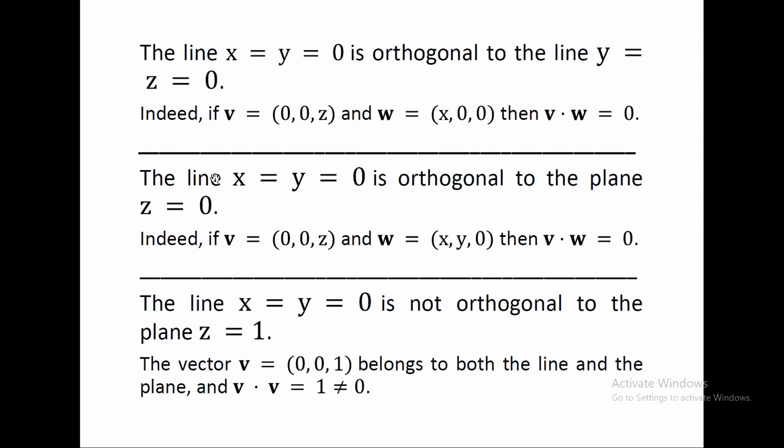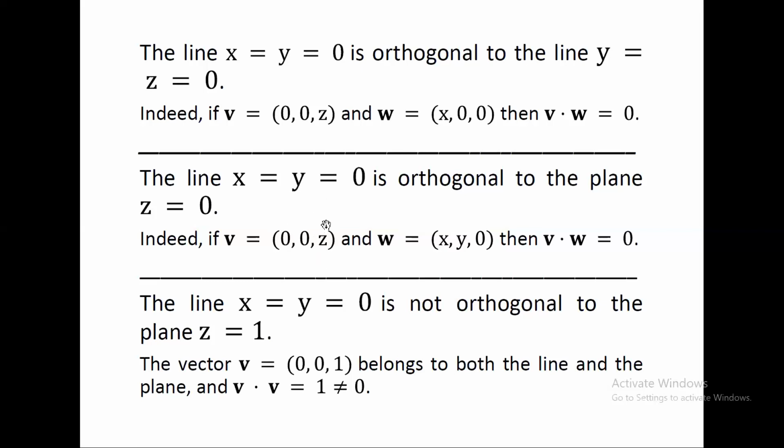Then we can consider another one wherein the line is x equal to y equal to 0 and a plane which is z equal to 0. The line x equal to y equal to 0 can be specified by a vector v equal to 0, 0, z, and a plane with z equal to 0 can be specified by the vector w equal to x, y, 0. Here x and y are 0 and only z is present, therefore it's a line.